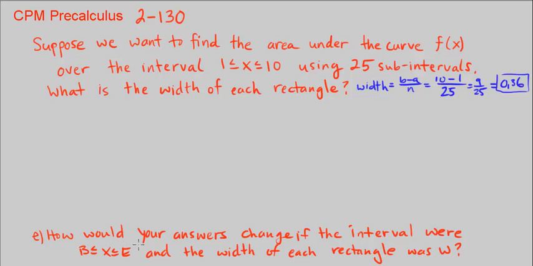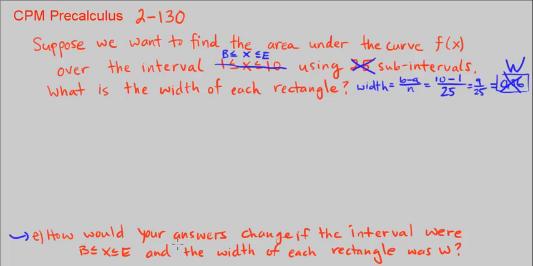So again, the interval is no longer 1 through 10. It's going to be B is less than or equal to x is less than or equal to E. We don't know how many rectangles we have, but we have a width of W, okay? So that's how we're changing it.